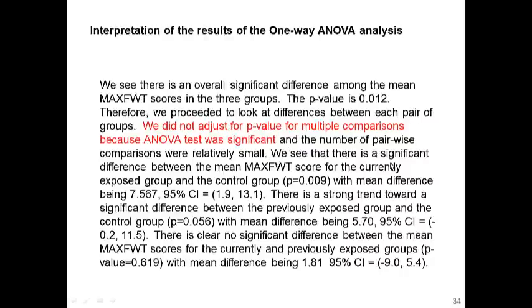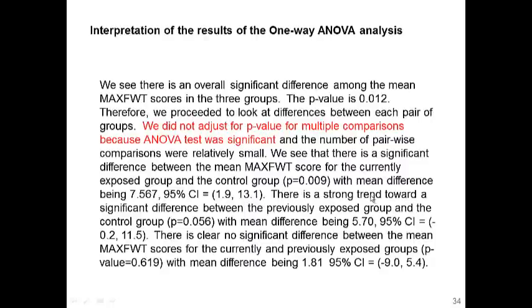We see that there is a significant difference between the mean max FWT score for the currently exposed group and the control group, with mean difference being 7.567 and 95% confidence interval 1.9 to 13.1.